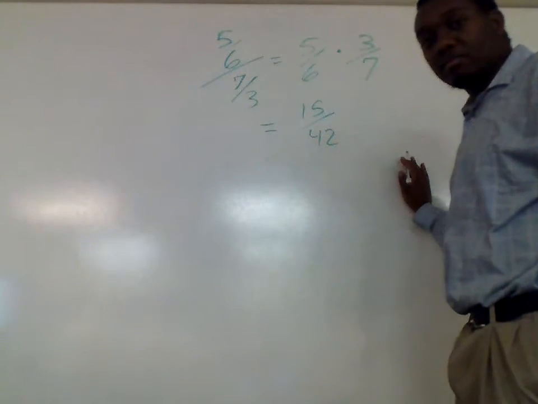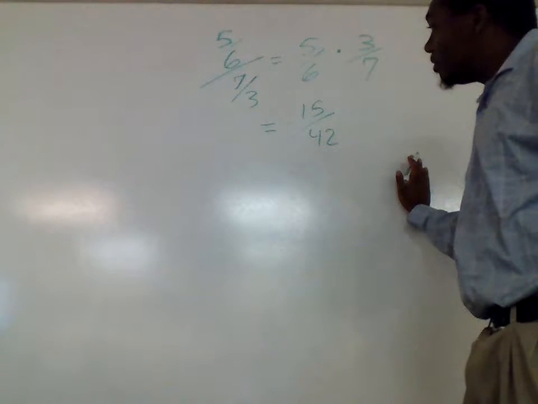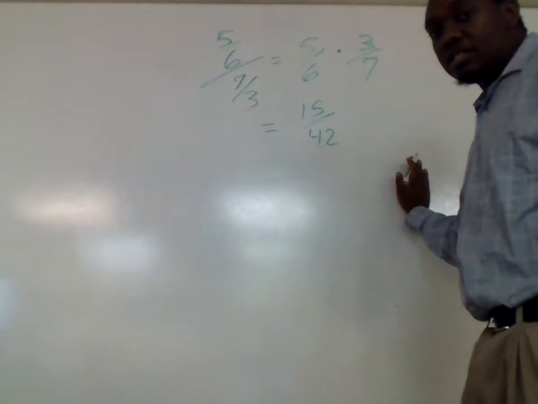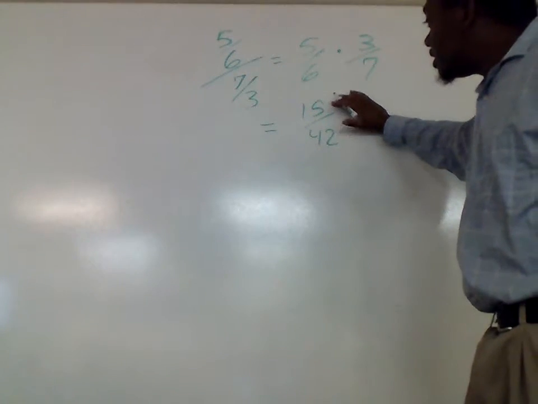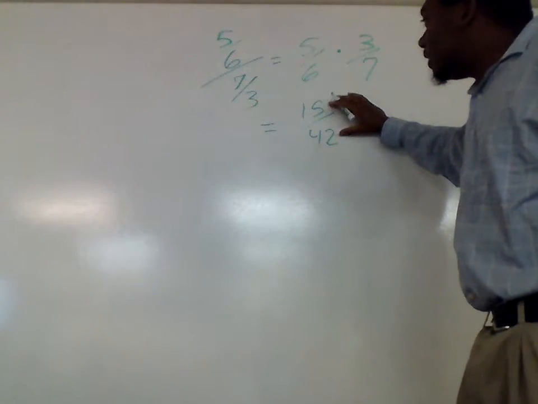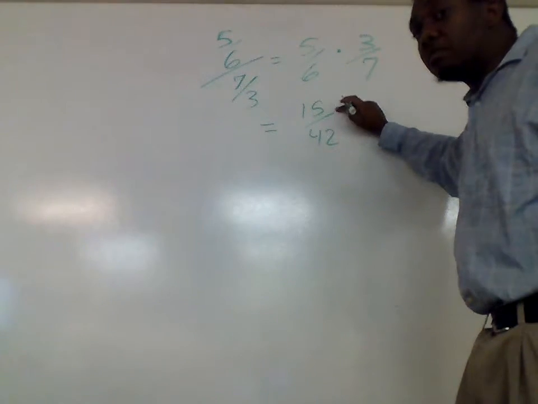And that's it. Well, I said that would be it. There's one more thing that you can do with fractions. And it all has to do with changing the way it looks. If we were thinking of this as division, which fractions are just division, you would notice that there is a factor here that both of them have. They are both divisible by 3.